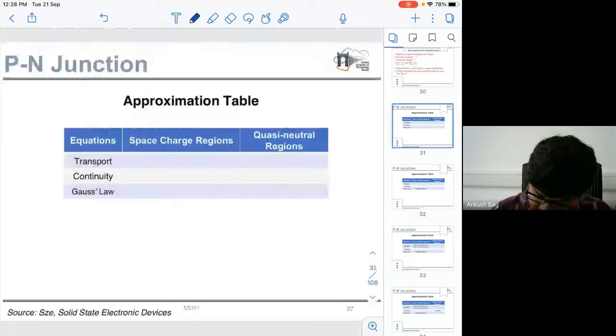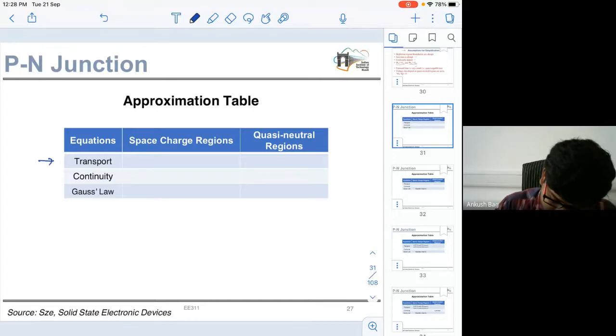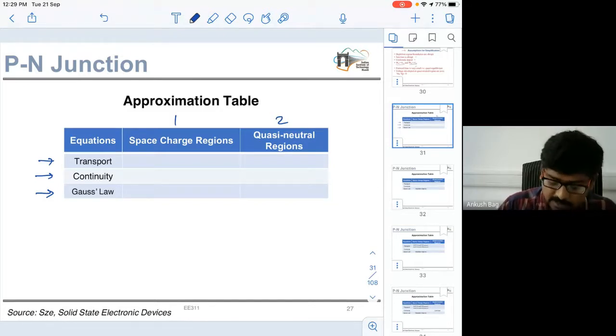Here are the different equations: two transport equations, two continuity equations, and one Gauss law. We have divided the whole device into three parts: two quasi-neutral regions and one space charge region. In this table, we'll keep writing what assumptions or approximations we make for the different regions and for the different equations.